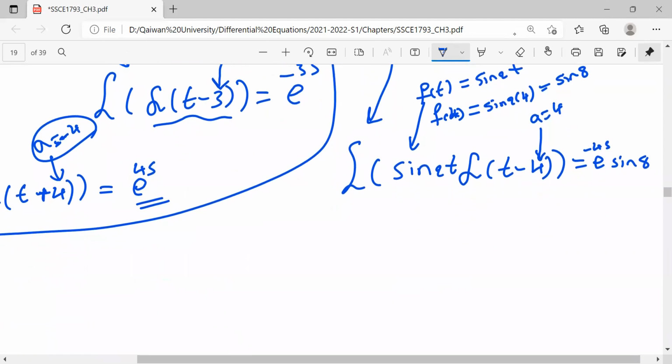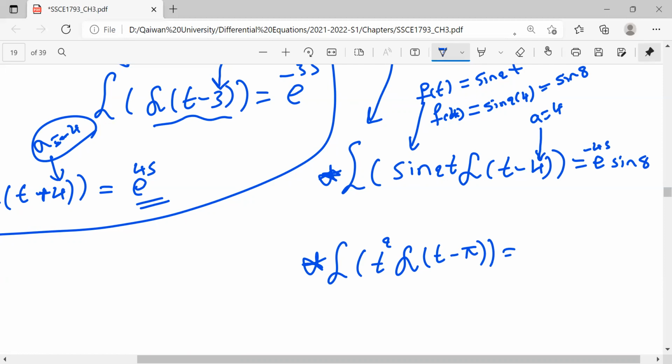Let's take another example. The Laplace transform of, let's say, t squared times the Dirac delta function of t minus, let's say, pi. This equals e to the power minus as.